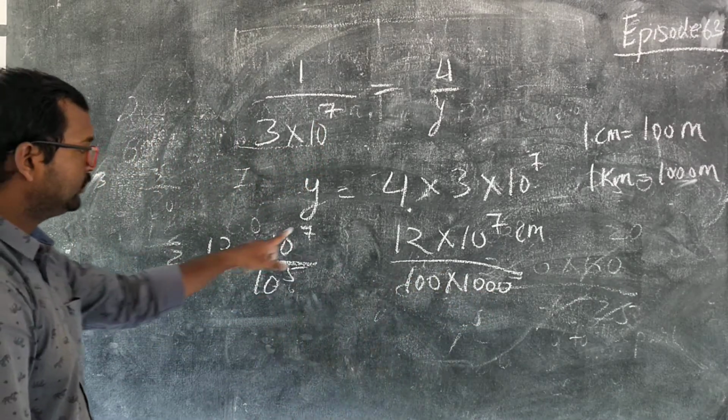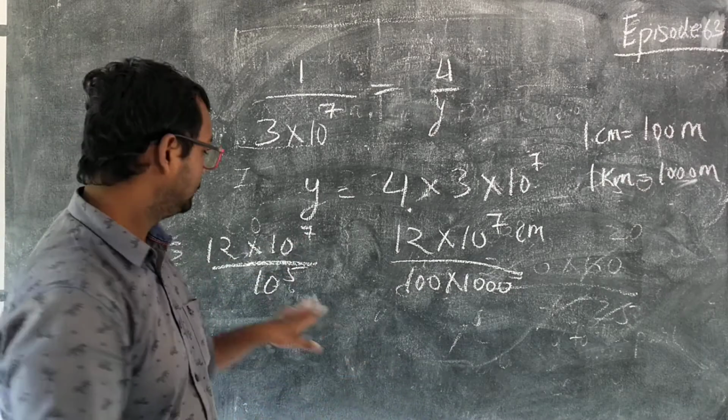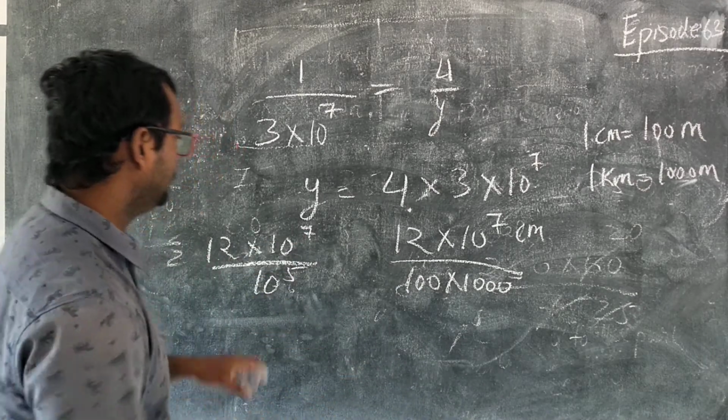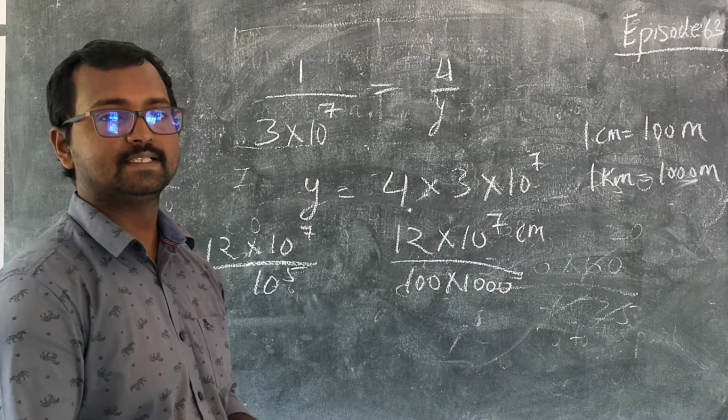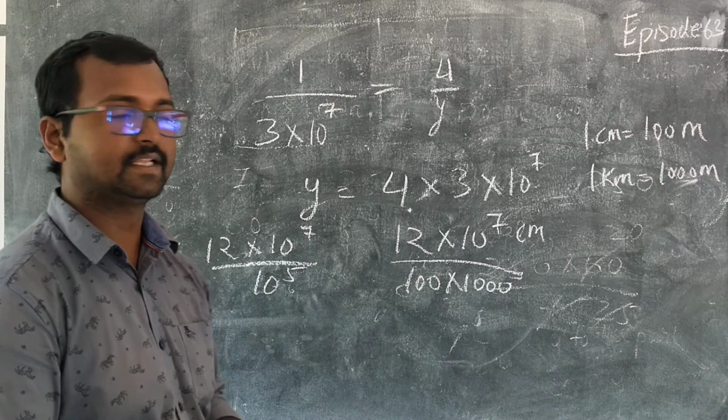Now 12 into 10 power 7 divided by 10 power 5. In the exponents chapter, I have taught you that whenever the base is the same and the numbers are in division, we subtract the powers.